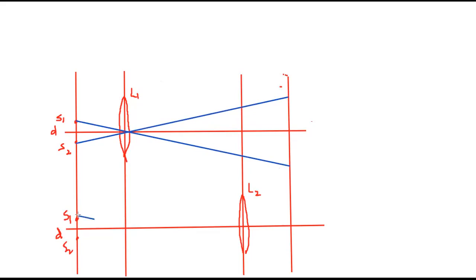Same way for this, draw a line passing through the optical center. This is S1 dash, S2 dash, height is D1.